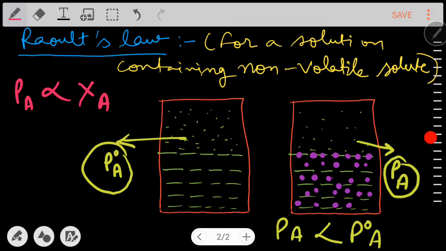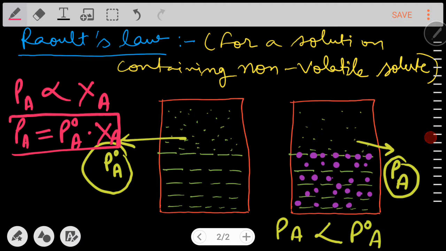If you convert the sign of proportionality into equal to, you have to place a constant. So we can write the equation Pa equals P naught A into XA. This is the mathematical expression for Raoult's law.